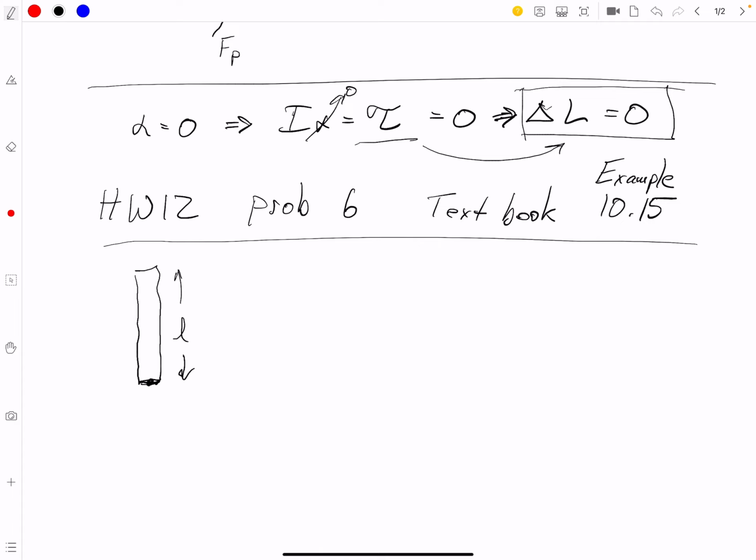And in problem 6, they say this is a very thin stick, so the radius at which this ball or puck is going to hit, right here, that distance r, is very small compared to L. Not very small, but L is equal to 1.2 meters and r is equal to 0.1 meters. So it's 1/12 of it.